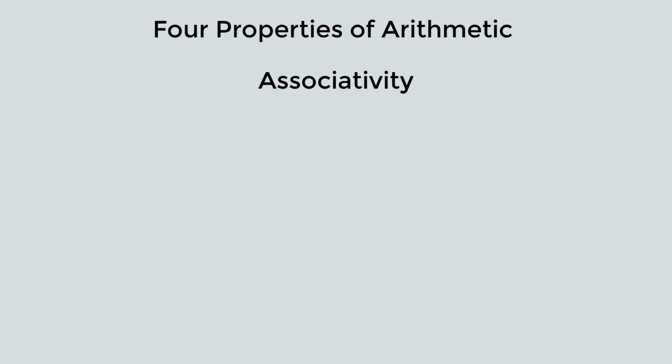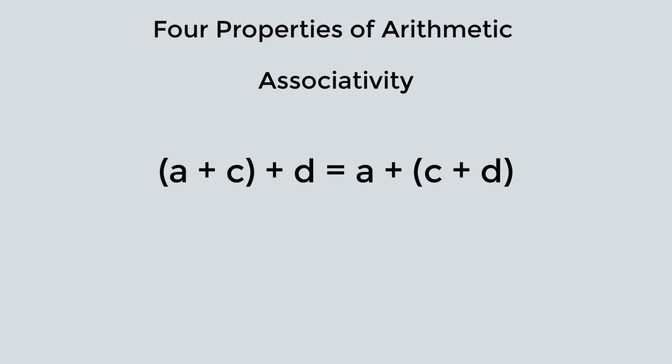The second property is called associativity. Associativity tells us that the grouping of numbers does not change the result. For addition, this means (A plus C) plus D is equal to A plus (C plus D).